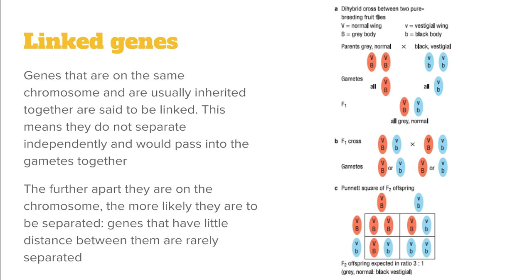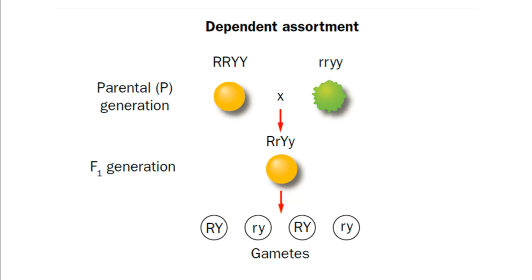So here we see that we can still do a dihybrid cross, but instead of having the multiple outcomes that we saw in the other dihybrid crosses, we are again restricted to the 3x3 Punnett square. What we saw to produce the dihybrid cross was in fact independent assortment, where the alleles are separated, different to each other, and therefore we could see the different combinations.